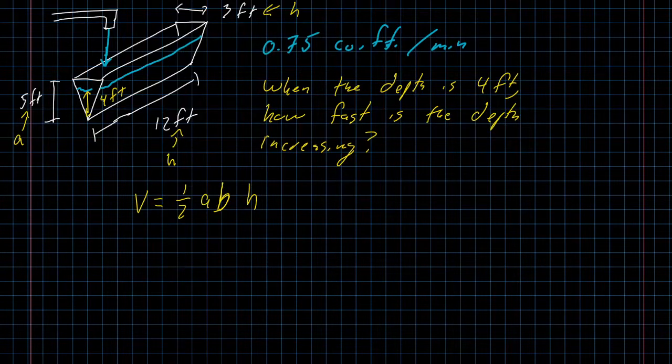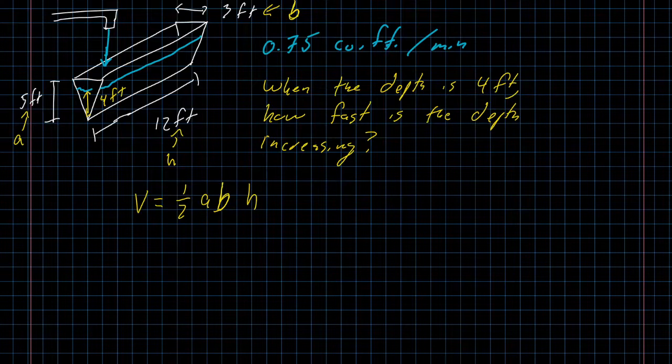All right, so our altitude is 5 feet, our base is 3 feet, and our height is 12 feet, and we are trying to calculate the volume at a particular time.